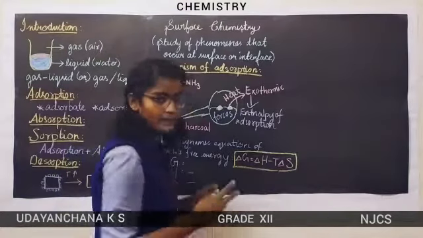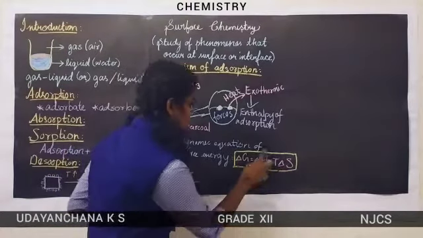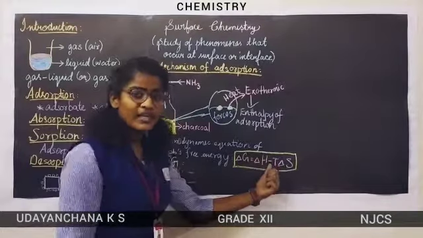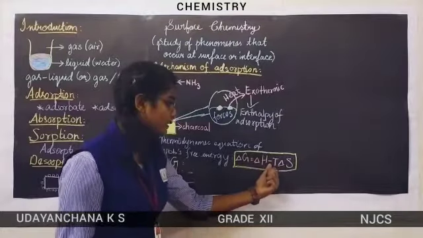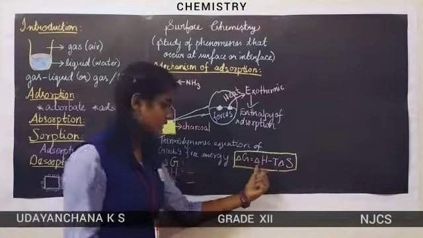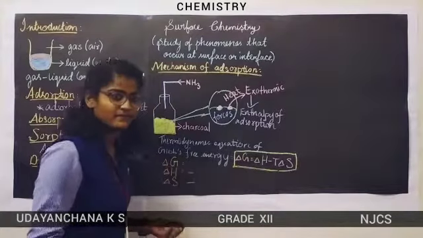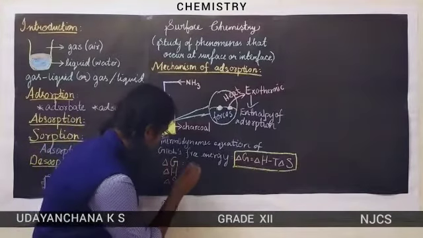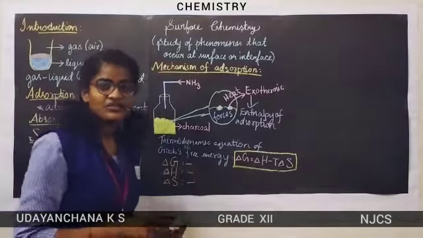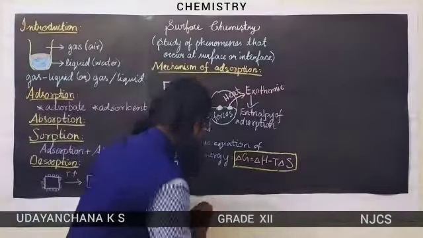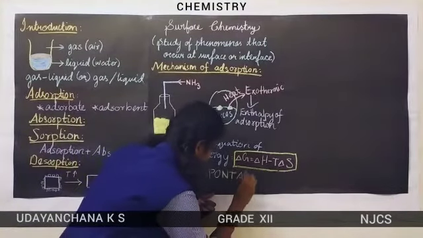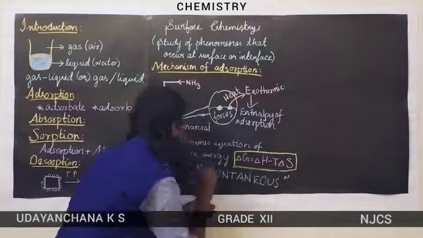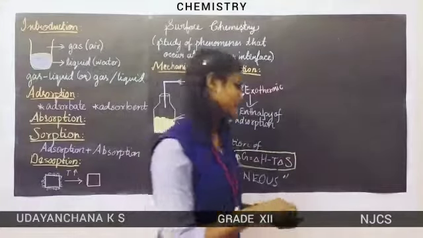So, this negative will become positive. However, the change in enthalpy is more negative. Even if it is negative or positive, because of the enthalpy being more negative, Gibbs free energy becomes negative. Hence, this reaction is spontaneous. Now let's move to the next topic.